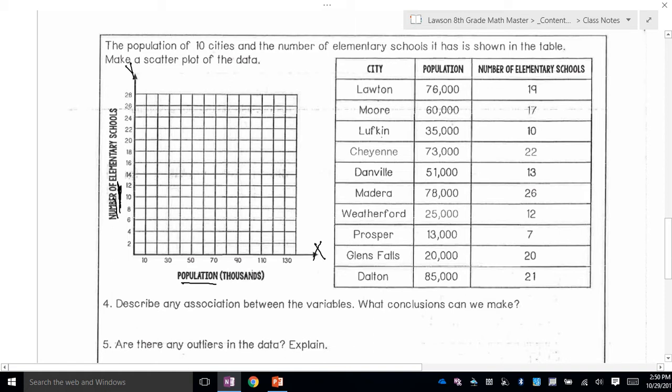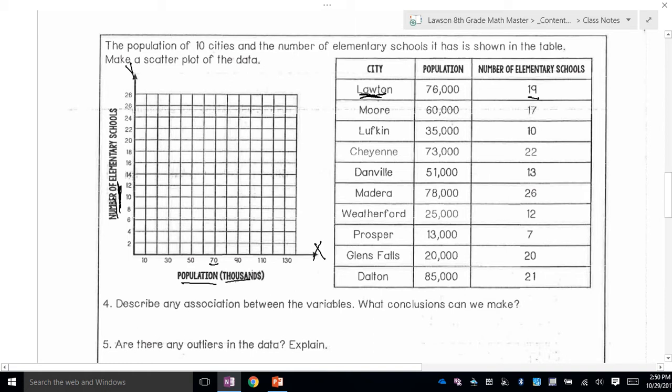The city of Lawton, very close to my last name, pretty cool, has a population of 76,000. And it has 19 elementary schools. So what we're going to do is we'll come over here, and at 76,000, now you're probably thinking, Mr. Lawson, you've lost your mind. That says 70, but over here in parentheses it says thousands.